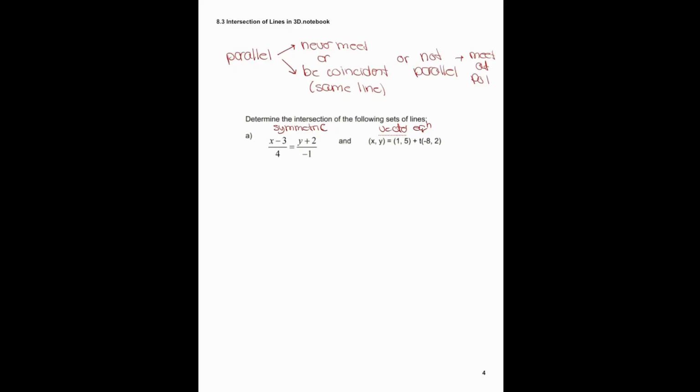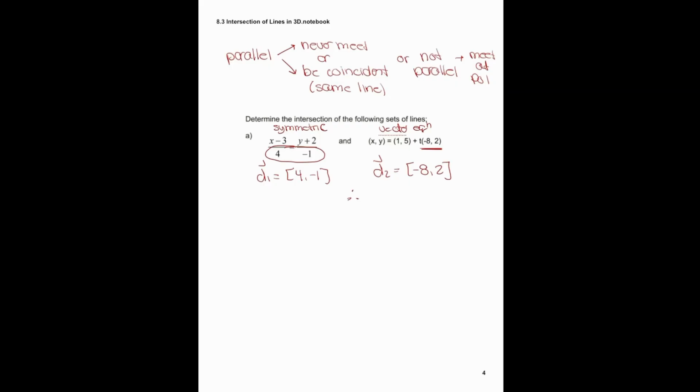For my symmetric equation, I can just look at what's on the bottom of the fractions, and that tells me that for line 1, my direction vector is (4, -1). For line 2, my direction vector is this part right here, and this tells me that this is (-8, 2). If we take a look at these, we can see that they are actually scalar multiples of each other.